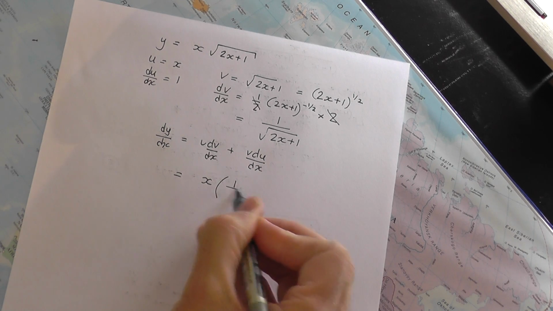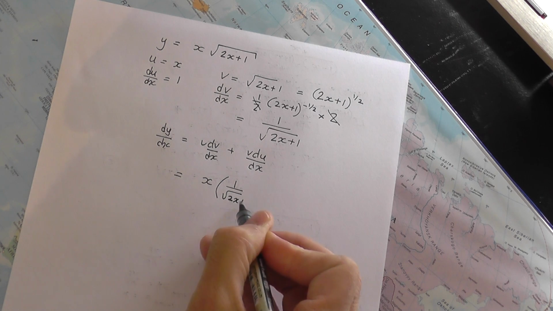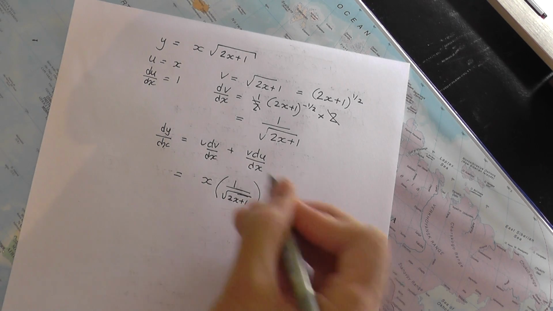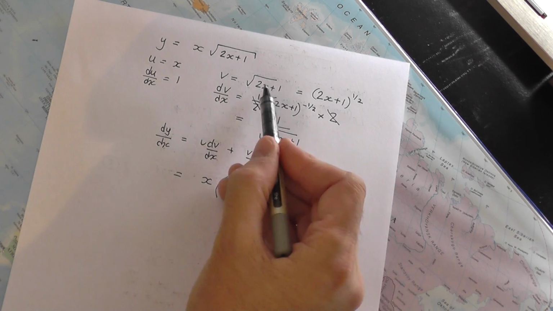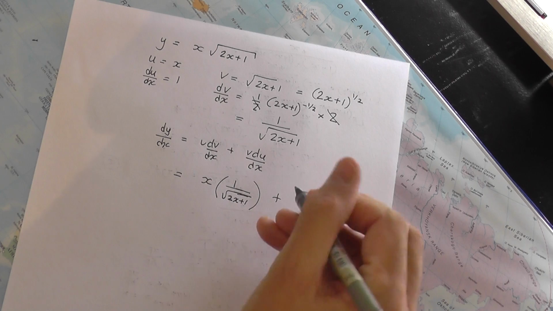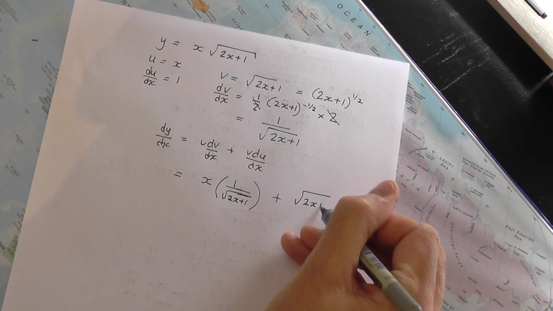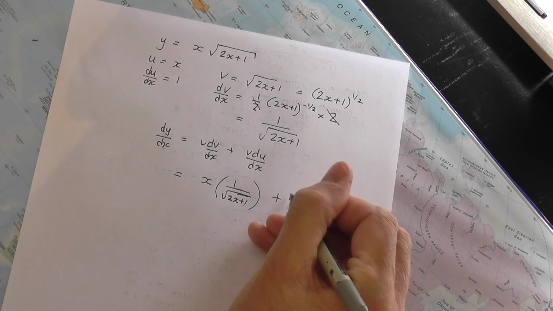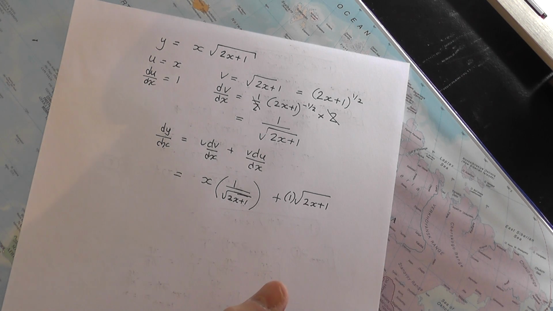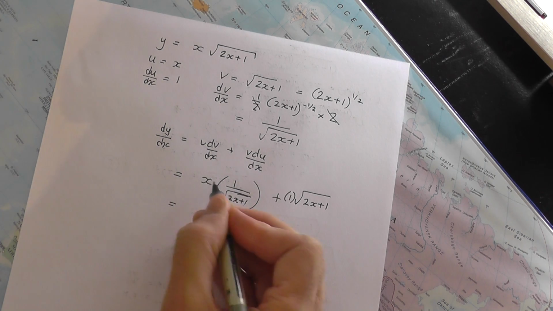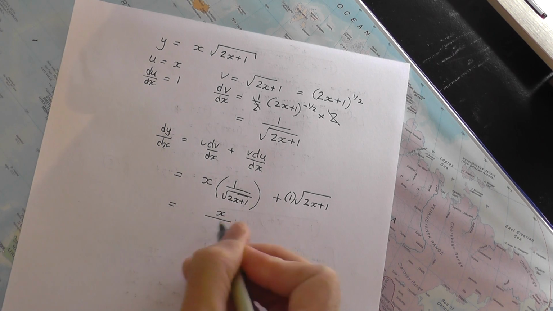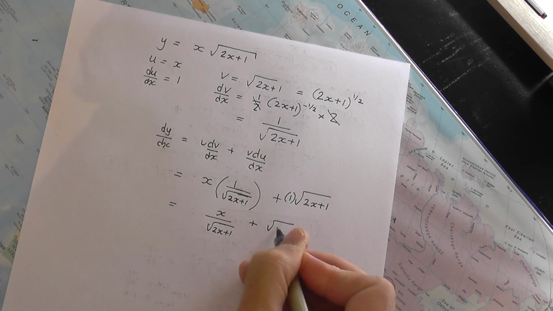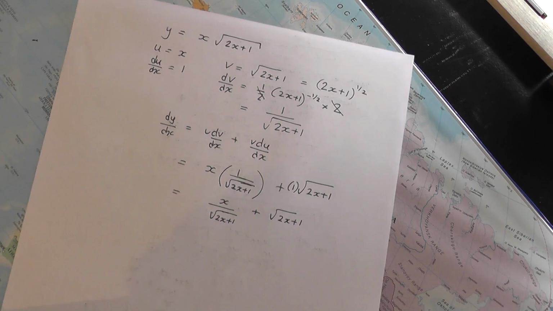Well, I'll write it in a bracket like so, plus v is this thing here, which I'll write in square root format, because I've got a square root there. So that's v times du by dx, which is 1. Well, you can put the 1 at the front if you like. Doesn't change anything. Doesn't need to be there. x times the 1 is x over the square root of 2x plus 1, plus the root of 2x plus 1. Now, basically that's the answer.